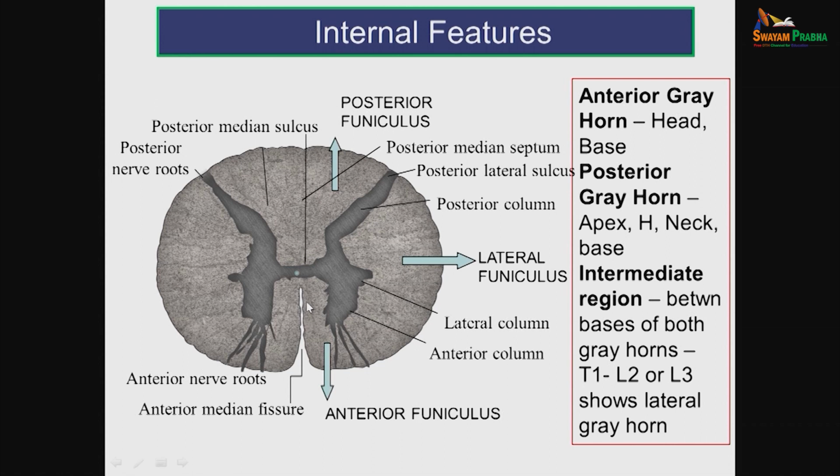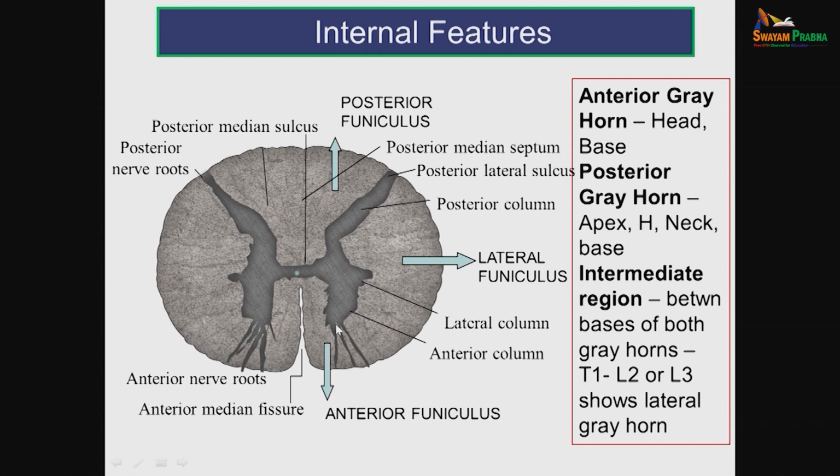From the ventral root fibers to the posterolateral sulcus is the lateral white column or lateral funiculus. From the posterolateral sulcus to the posterior median septum is the posterior white column or posterior funiculus.